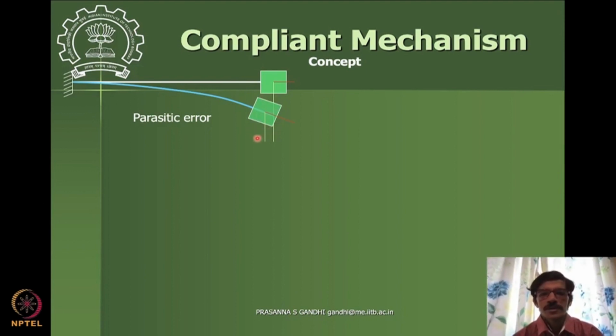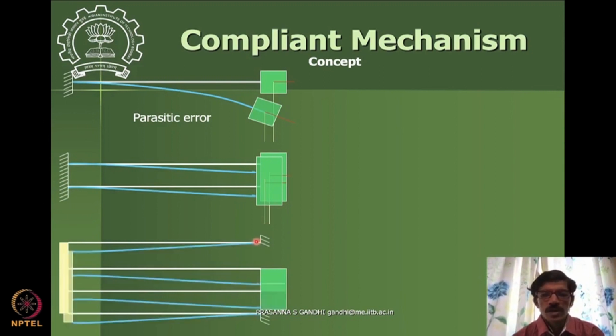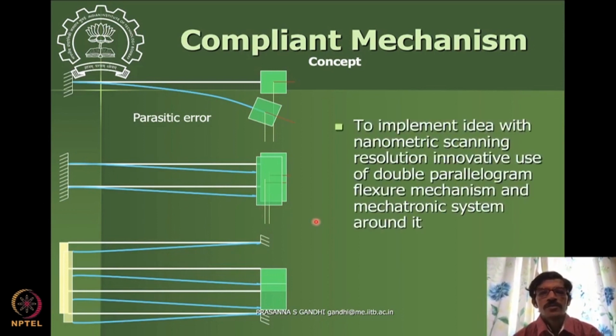Then you add one more beam to that system, and it is better: there is no tilt of this block, but a parasitic error still exists. And then you go for this system where the block moves in a perfect straight line because of the symmetry. There are some more nitty-gritties about the system which we will not get into. A whole lot of research has happened on these stages to analyze their behavior, especially for long or large deformation.